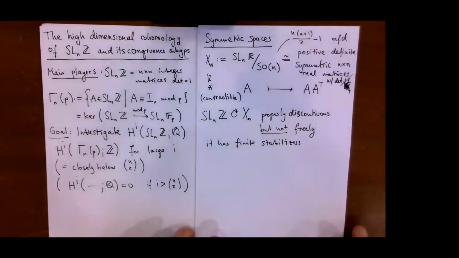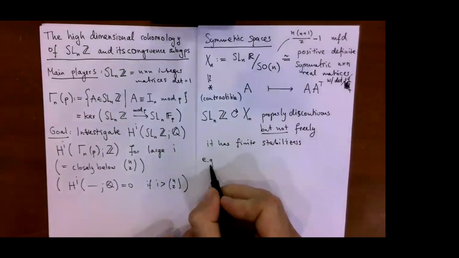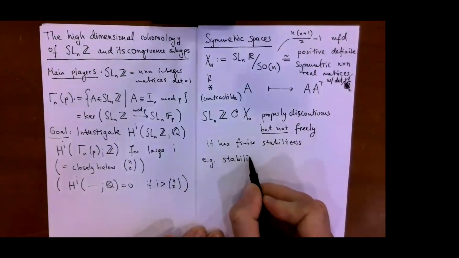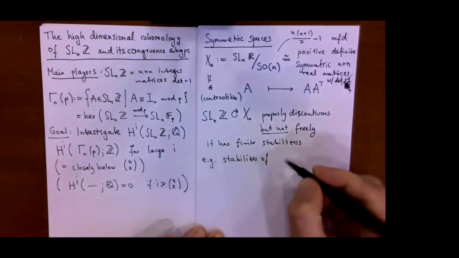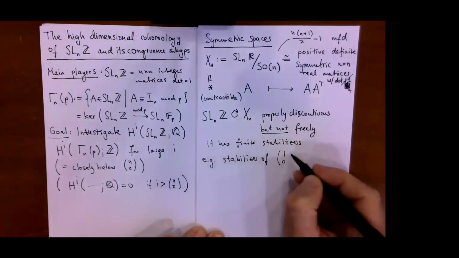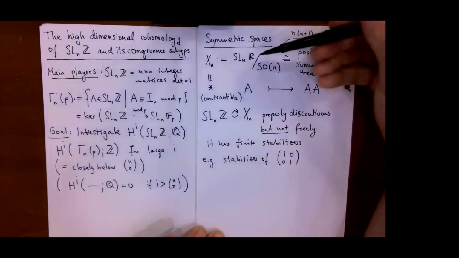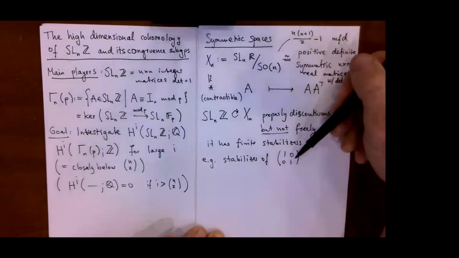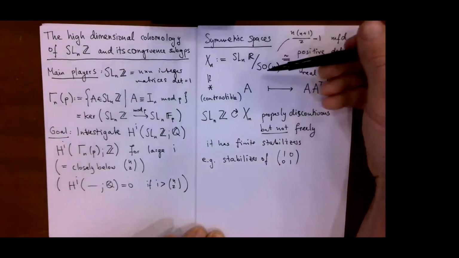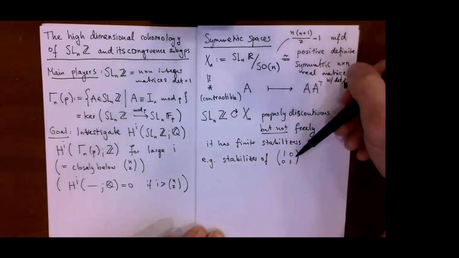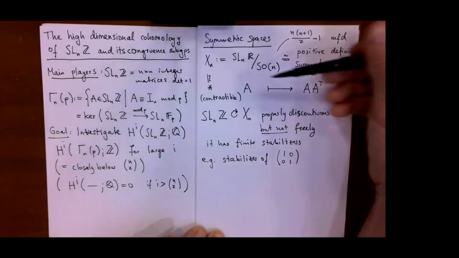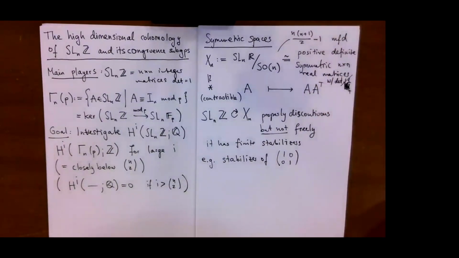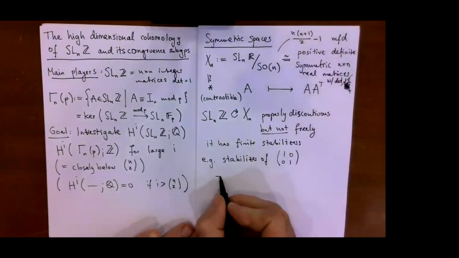So let me just give an example. For example, let's take the identity matrix. So I'm taking the identity matrix as an element in the symmetric space. So this is actually a coset, this times any special orthogonal group. And now, what's the stabilizer of this?